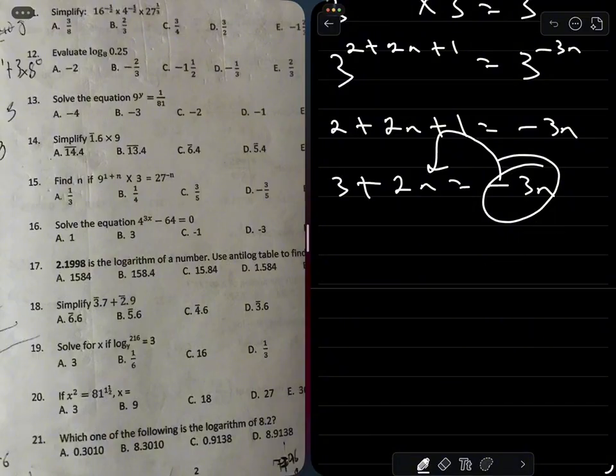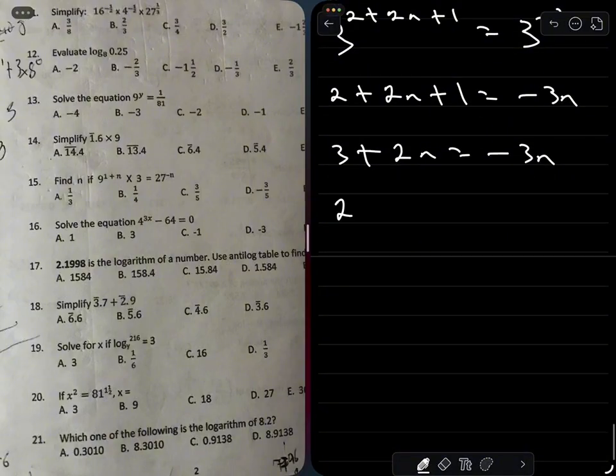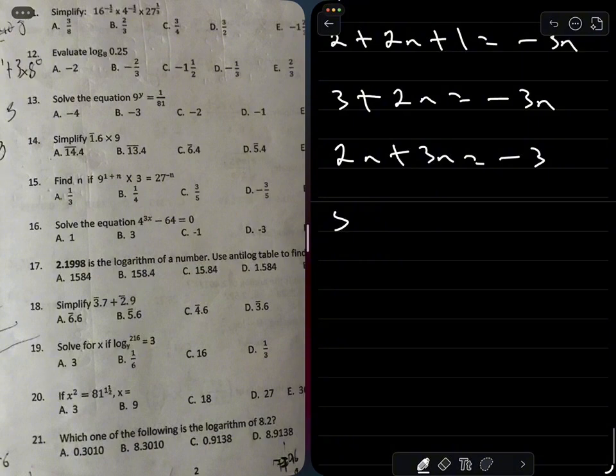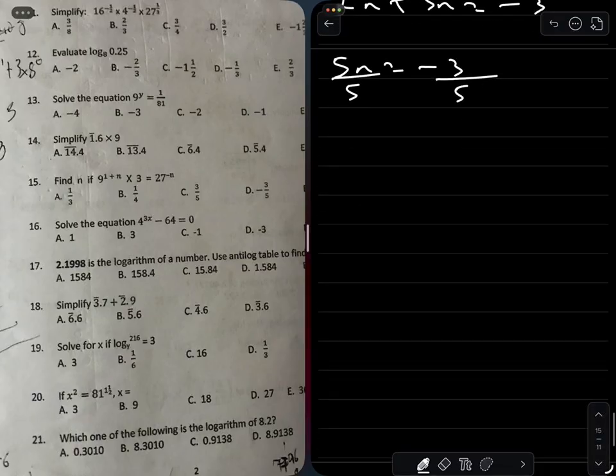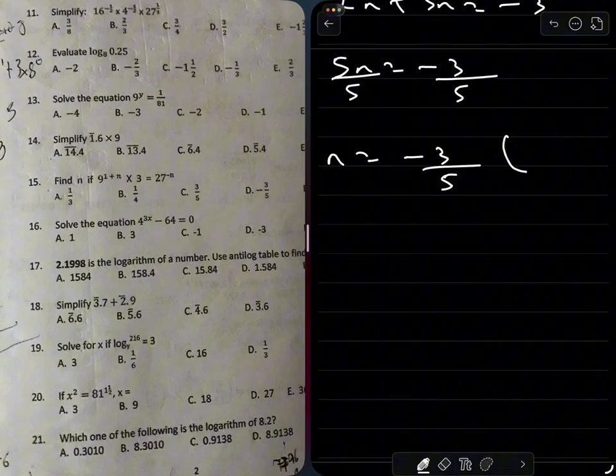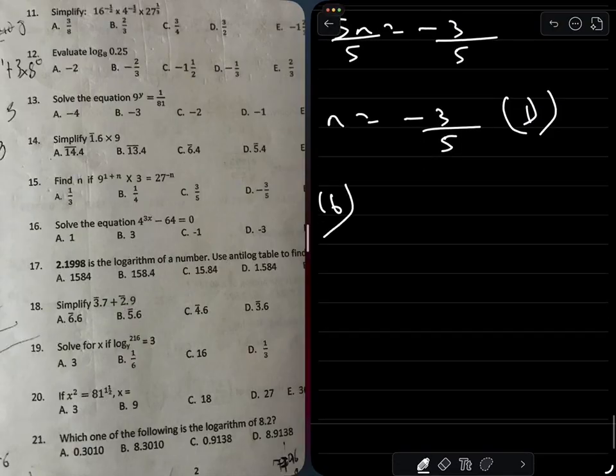So you have 2n plus 3n equals minus 3, and that means 5n equals minus 3. Divide through by 5, which means n equals minus 3 over 5. Which option matches that? That's option D.